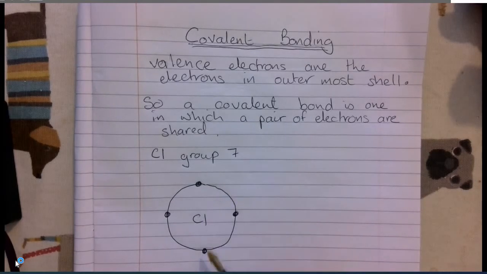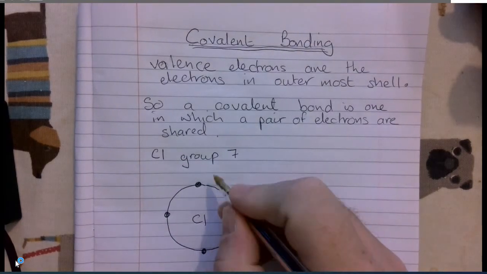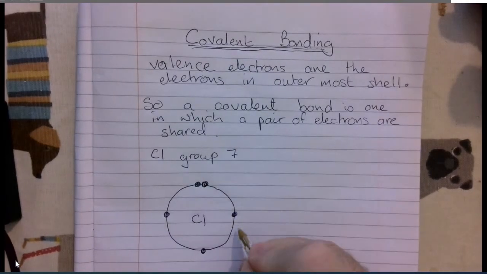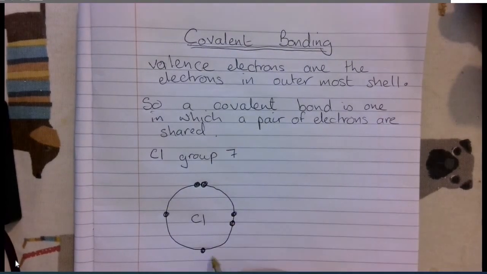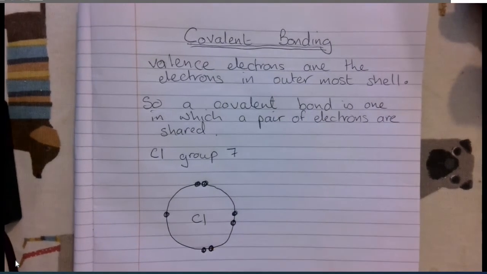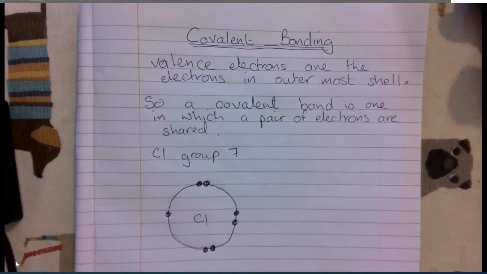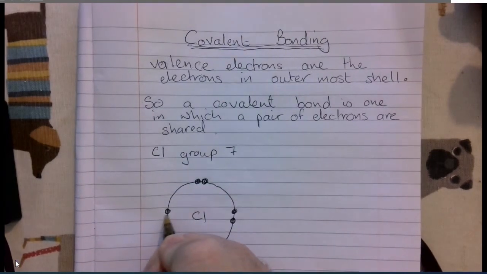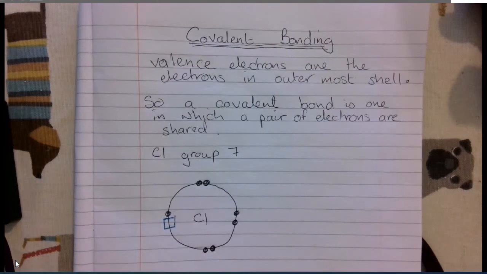So I've got north, south, east, west, and now going clockwise, 5, 6, 7. Because this shell can contain only 8 electrons, I've got an empty space there where an electron can occupy.